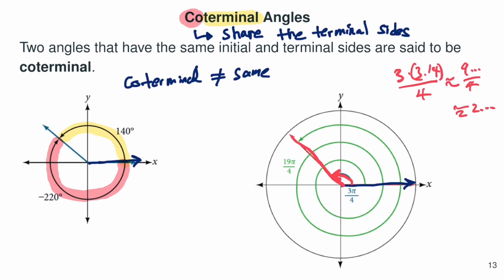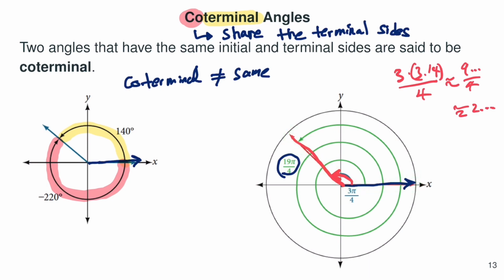But let's look at 19 pi over 4, which is a much bigger number than 3 pi over 4. It's a little bigger than 6 times bigger, because 3 times 6 gives us 18, and 18 is smaller than 19. But they start at the same initial side and end at the same side.